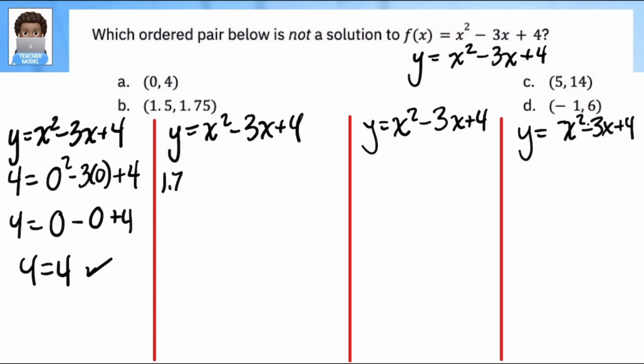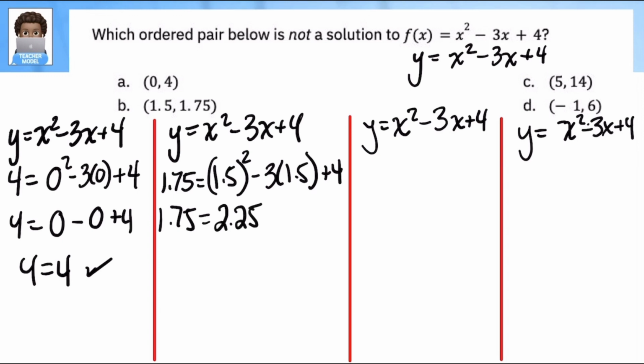So 1.75 is equal to 1.5 squared minus 3 times 1.5 plus 4. Okay. So 1.5 squared, if you do that on your calculator, you're going to get 2.25. Minus 3 times 1.5 is 4.5 plus 4.